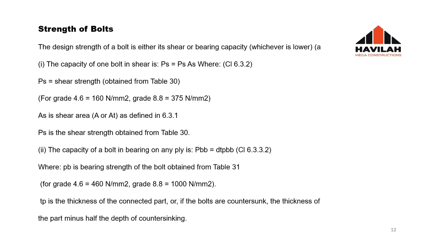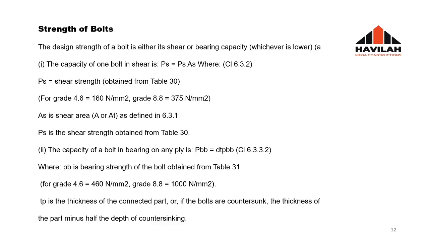The As you see there is the shear area, and the shear area can be taken as the area of the bolt. For example, if you are using a 16 mm diameter bolt, it could be taken as the entire 16 mm diameter, or you just take only the tensile area, as defined in 6.3.1 of that code. So make reference to that.